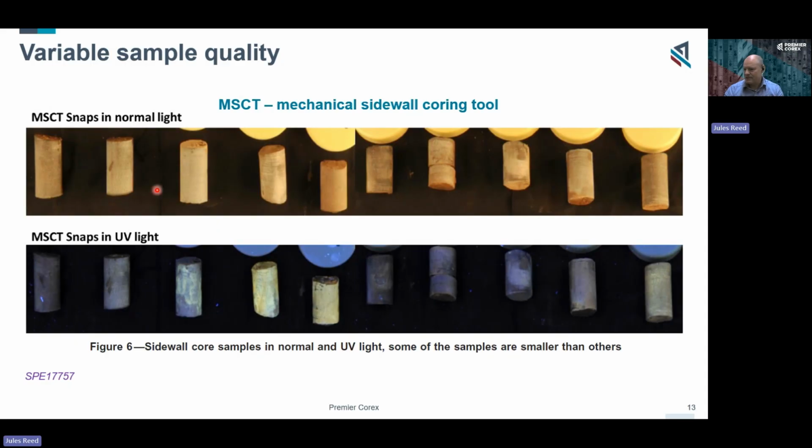Here are some other ones. These are MSCTs, which stands for Mechanical Sidewall Coring Tool, so these are samples acquired by an MSCT, both taken in white light and UV. From the UV, you can see where you've got liquid hydrocarbon shows, but you can also see that there are, again, some pretty good samples here.